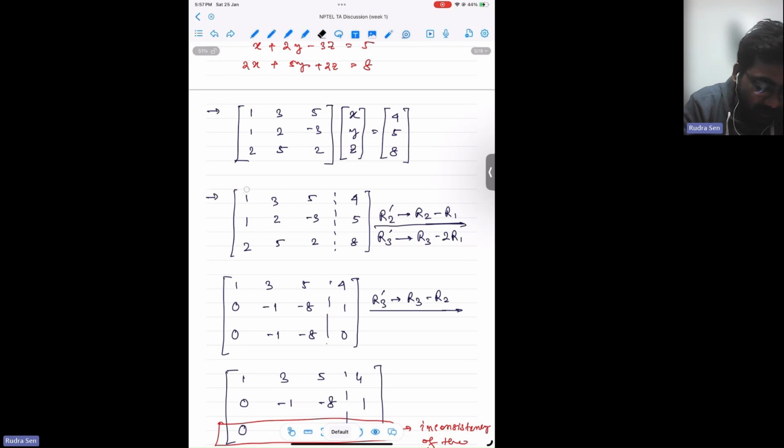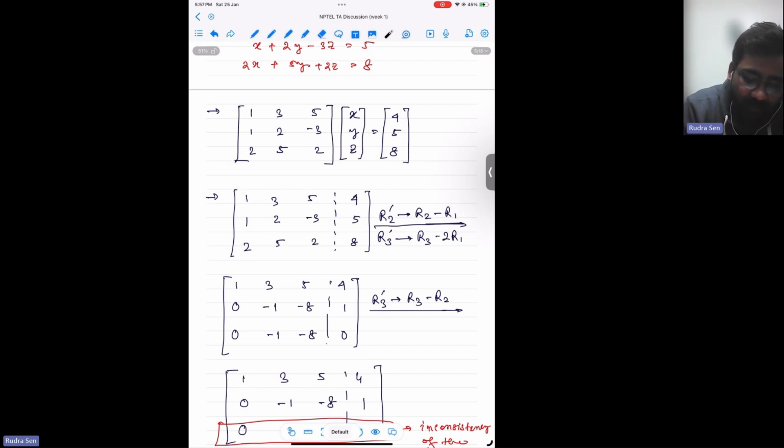Specifically, the first element is non-zero. That means we do not need to exchange any rows. But we want that all the elements below this first element should be 0, right?